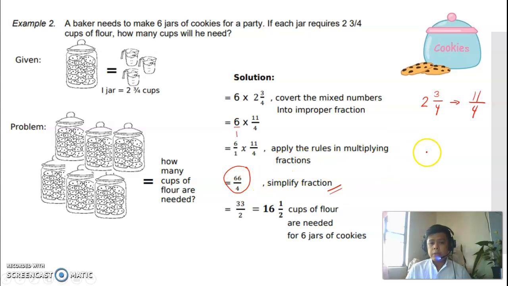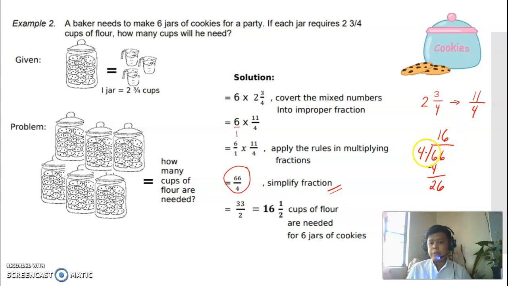So, yung 66, i-divide ko sa 4. So, 6 divided by 4 is 1. 1 times 4 is 4. Bring down. 6 minus 4 is 2. Bring down 6. So, 26 divided by 4. Ilang 4 meron sa 26? The answer there is 6.